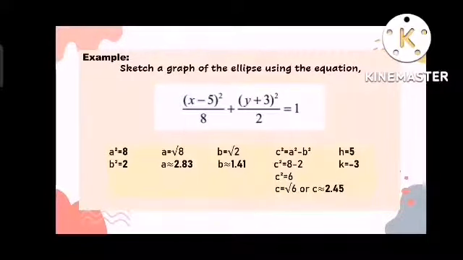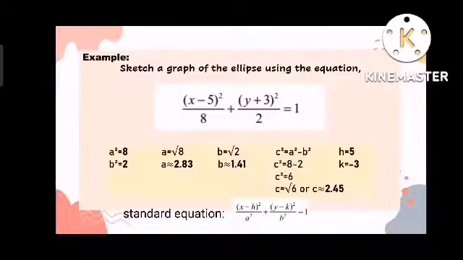Before we start getting the center, foci, vertices, and co-vertices of this equation, let us first identify a squared, b squared, a, b, and c so that it will be easier for us to do the next step. Looking at our equation and based on the standard equation of an ellipse, we can tell that a squared equals 8 and b squared equals 2.